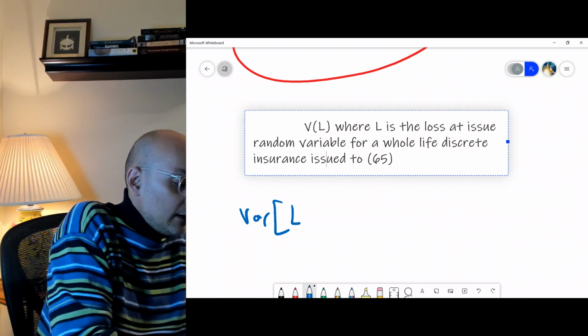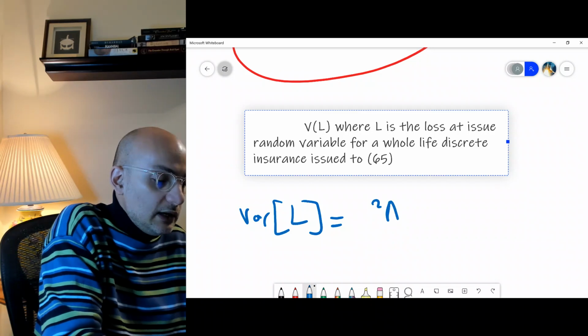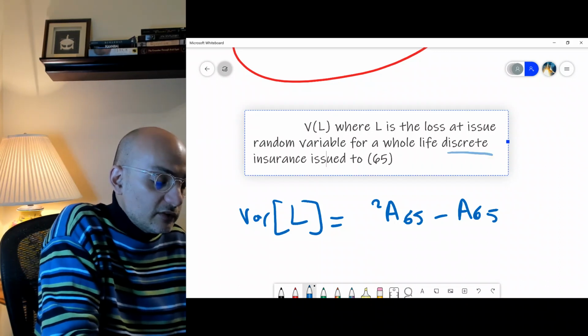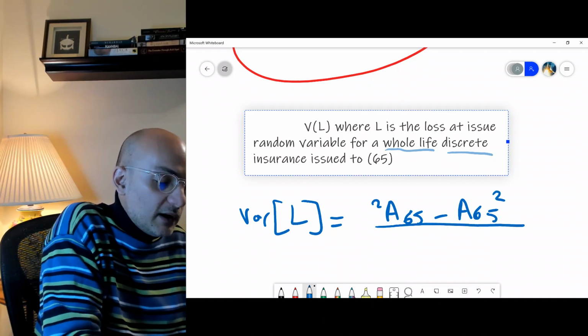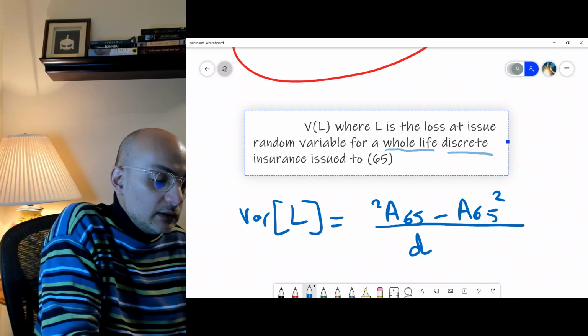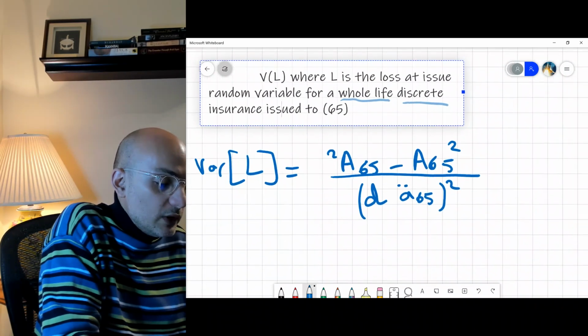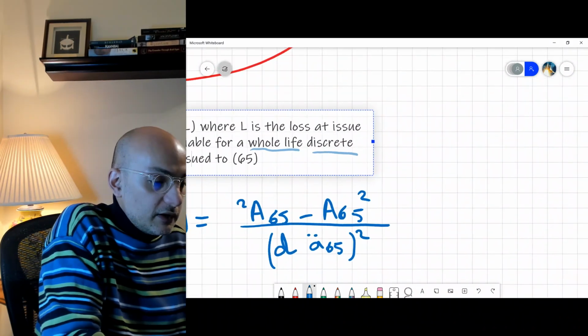Question like this, we quickly write it. Variance of L equals, you have many formulas. I'll use this formula: 2A65 minus A65 squared, everything is discrete, it's saying to us, and it's whole life, there is no term, right? Divided by d times A65 as well, everything here is raised to 2. Now, where we find these guys, 2A65, we go back to our friend the life table.